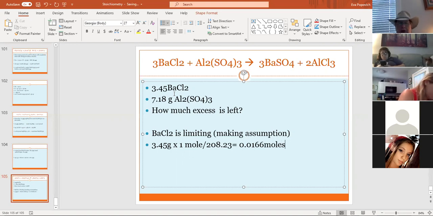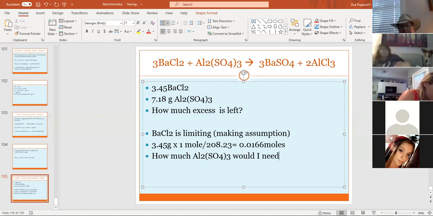Okay, so how much aluminum sulfate would I need? How do I figure out how much aluminum sulfate I would need? You gotta do the mole ratio.